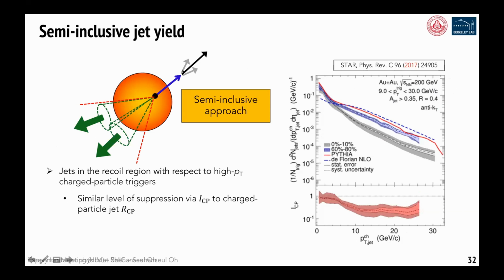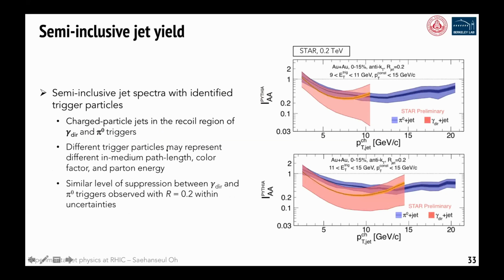In this publication, we used high pT particles, but now we can use high pT pi0 and high pT direct photon. Different trigger particles may represent different in-medium path lengths, color factor and parton energy. And this is a preliminary result. We have updated results as well, but I'm just showing the preliminary results here.